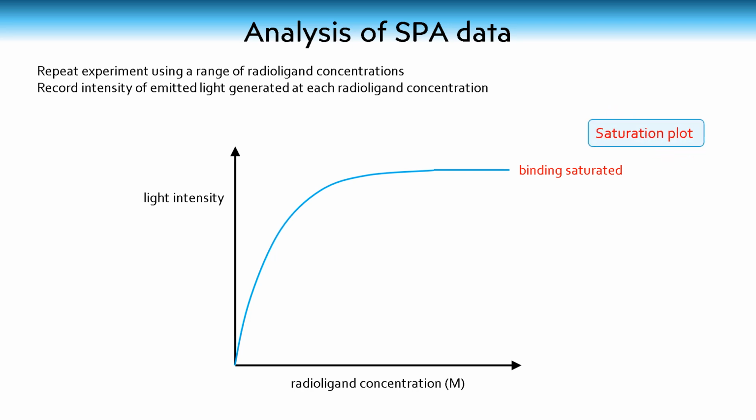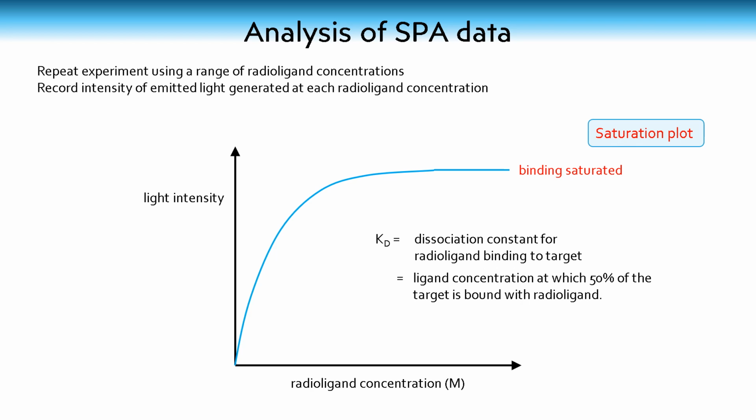A property that we can measure from this plot is the dissociation constant, or Kd, for binding of the radioligand to its target. The dissociation constant is defined as the ligand concentration at which 50% of the target is bound. Drawing a horizontal line to the y-axis at the plateau level gives the light intensity at which binding is maximum.